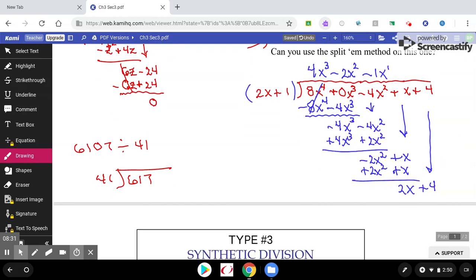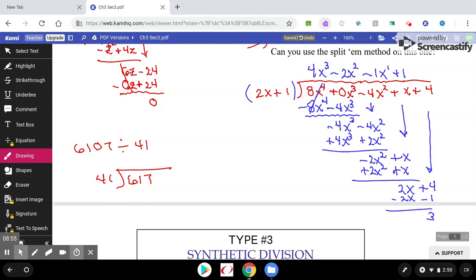First digit 2 in the original problem up here goes into the first digit 2 down there 1 time. So I got a plus 1. Multiply them out. I got a 2x. And 1 times 1 is 1. So subtract down. And I got 3 for a remainder.